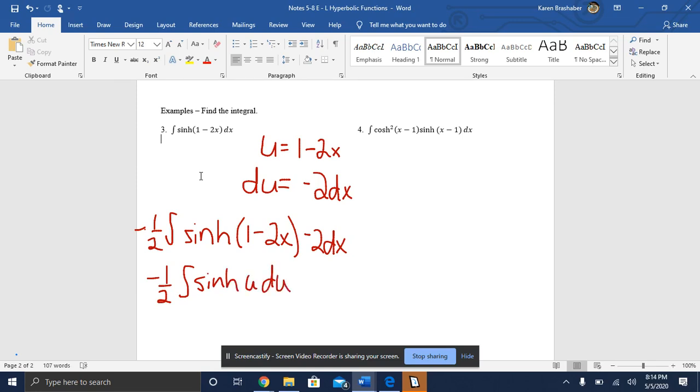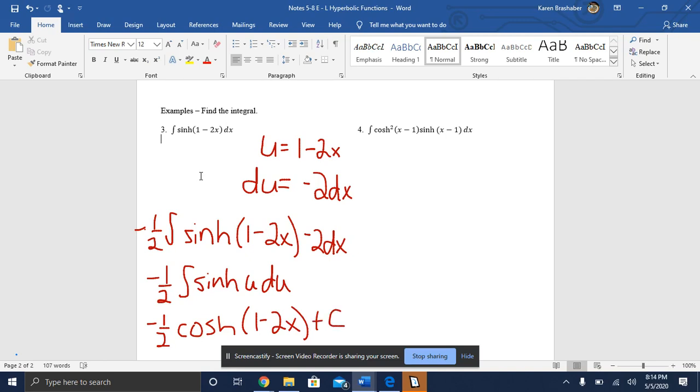And if you'll reference your formulas, the antiderivative of hyperbolic sine is just positive hyperbolic cosine. So that'd be negative 1/2 hyperbolic cosine. And we could go ahead and substitute in the u, 1 minus 2x, and then remember plus c.